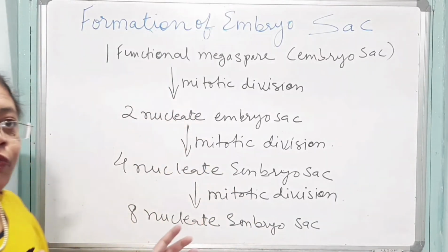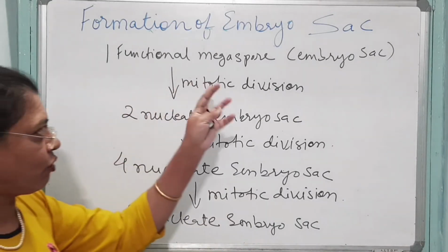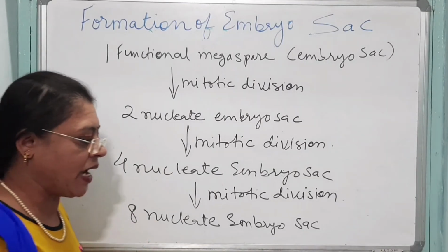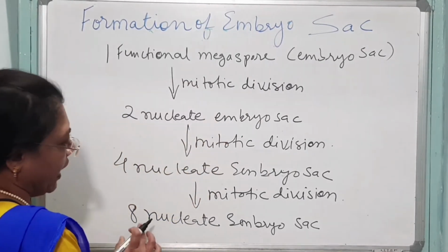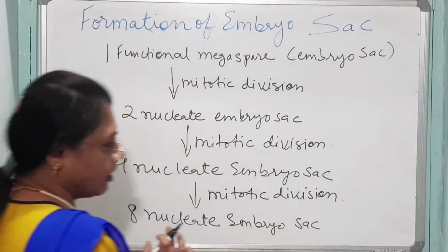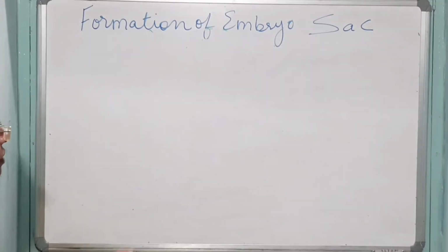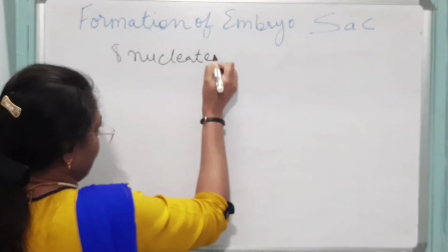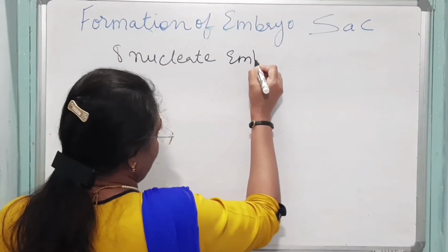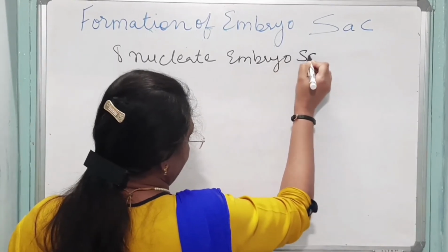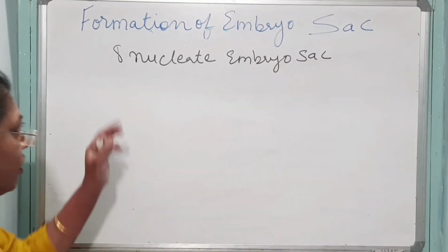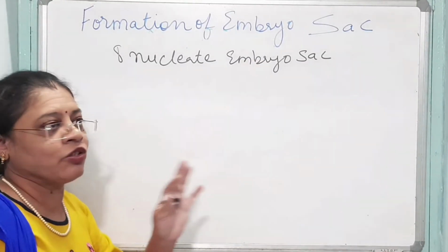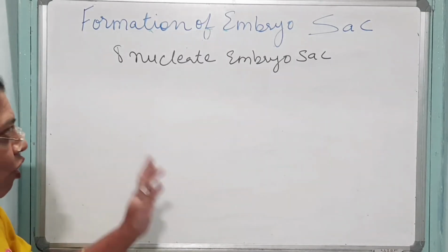That is the difference between megasporogenesis and formation of the embryo sac, so keep that difference in your mind. Up till the formation of the 8 nucleated embryo sac, nuclear division is not followed by cell wall formation.